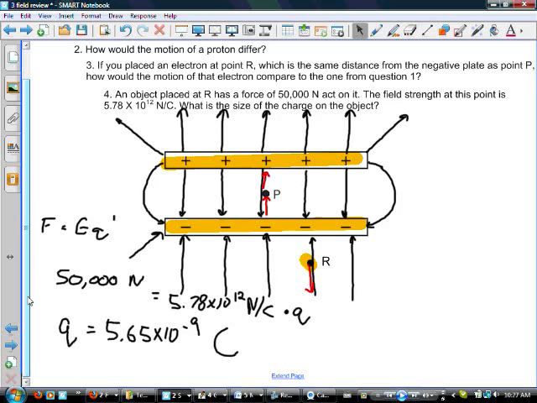I got 8.65 times 10 to the negative 9. Yeah, because if you're dividing 5 by 5.78, it should still be times 10 to the negative 9. Yep.